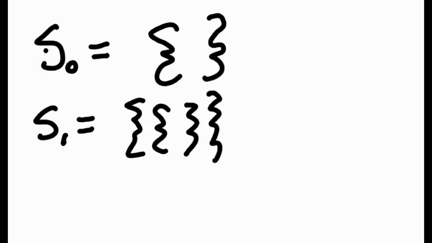Now, what we're going to do is look at this and think about what are all the subsets of this. So, what are all of the subsets of S1? What's the set of all subsets of S1? Well, we'll call that S2. What is it?